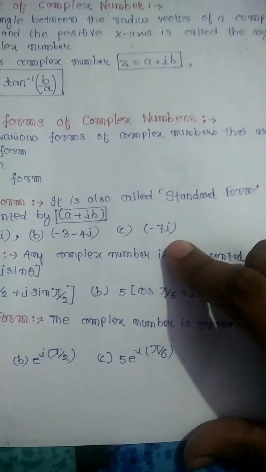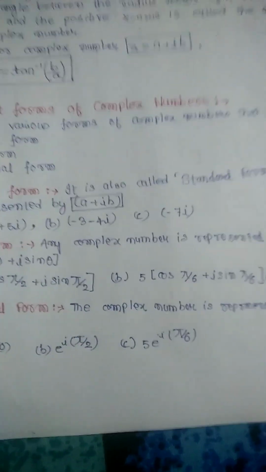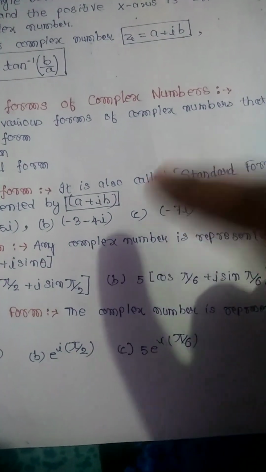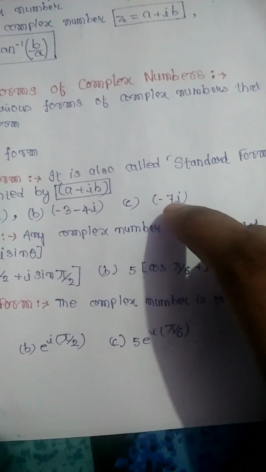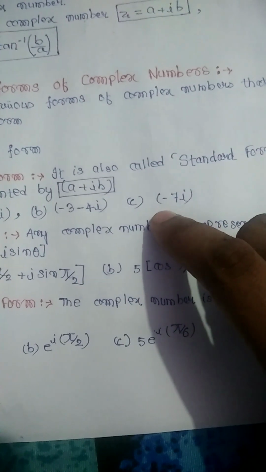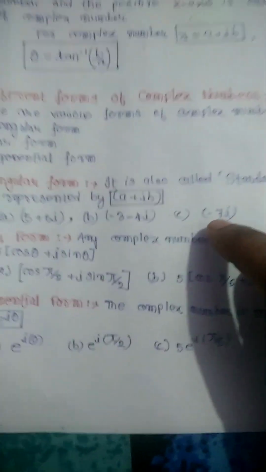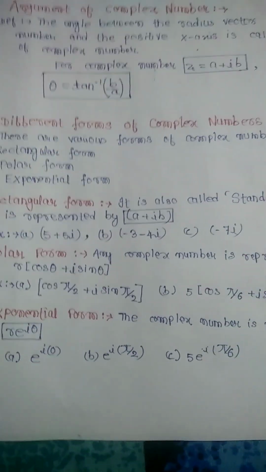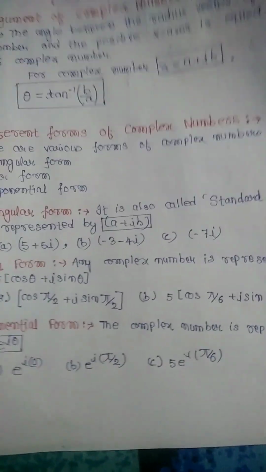Here minus 7i is also a rectangular form, because the value of a is 0, so it can be 0 minus 7i. 0 is also a real number, so this complex number is in rectangular form. It is important to note.